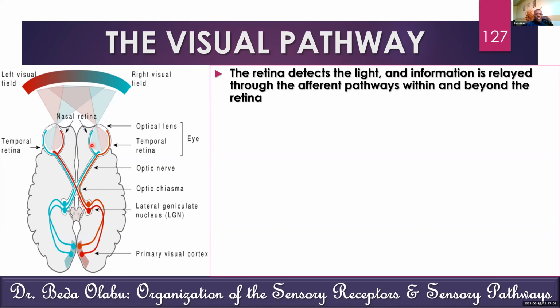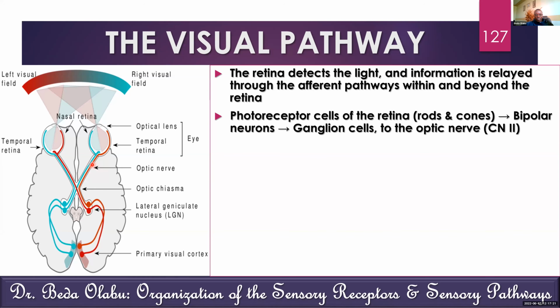We also noted that we have second order neurons already there as well, the ganglion cells. So the axons of ganglion cells come out from the retina and are the ones that constitute the optic nerve. So from the photoreceptors, you'll have the bipolar neurons, then ganglion cells. The axons of ganglion cells are the optic nerve, and that's what we see here and there.